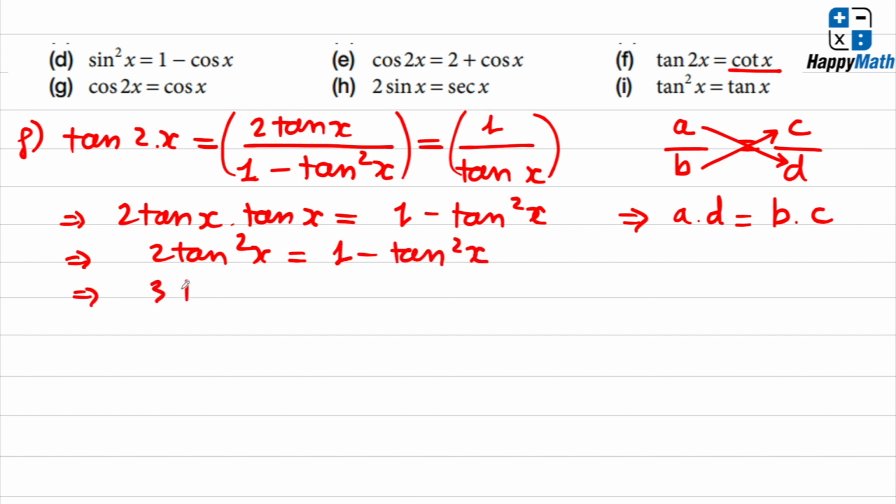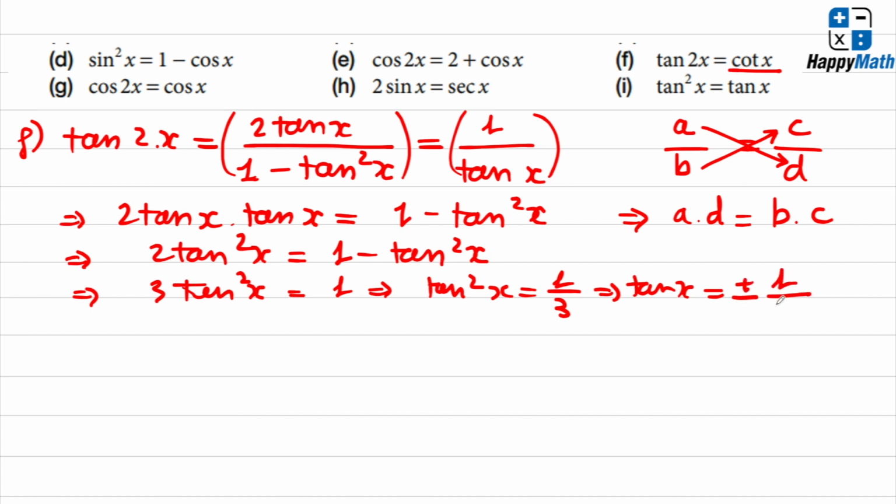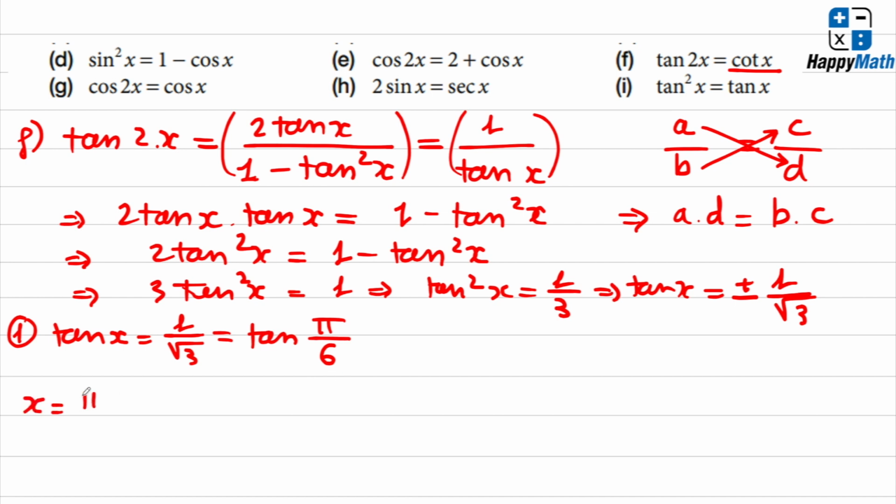And then you get 3 tan square h equal to 1. So tan square h equals 1 over 3. How about tan h? The tan h value is equal to plus or minus 1 over square root of 3. And then for the first equation I use 1 over square root of 3 here. This will be pi over 6, and one formula for here.